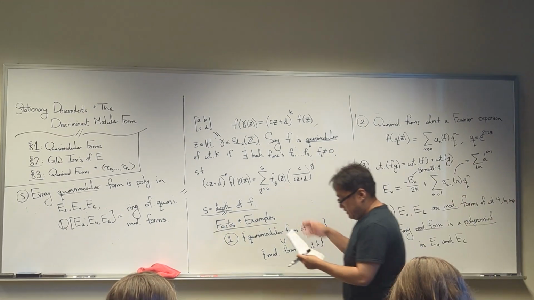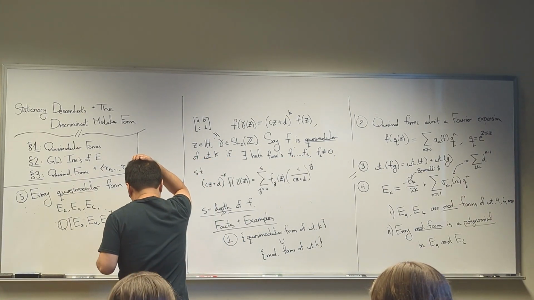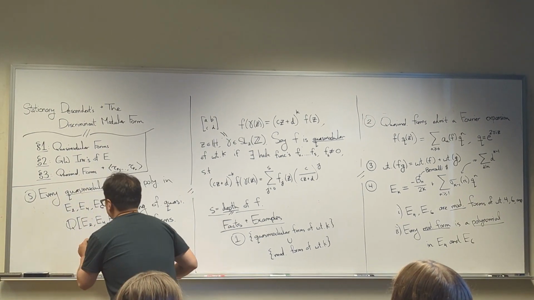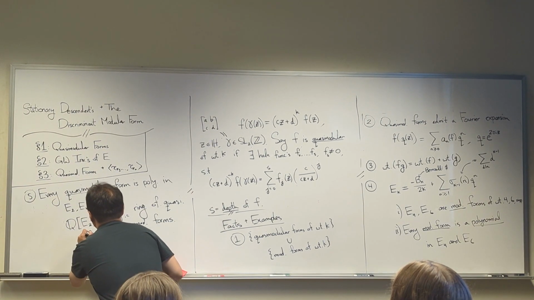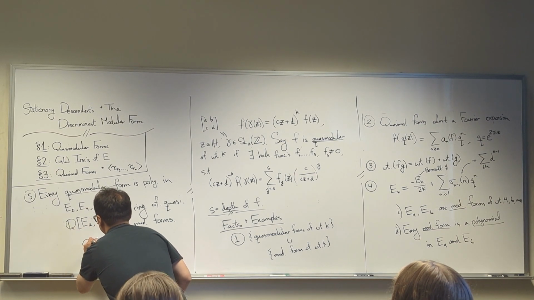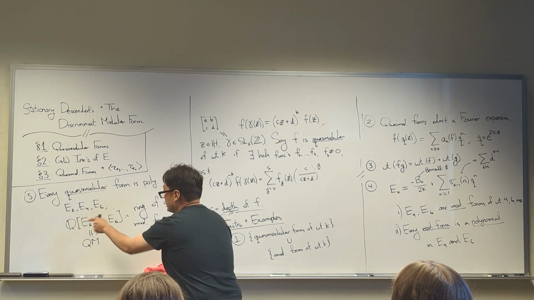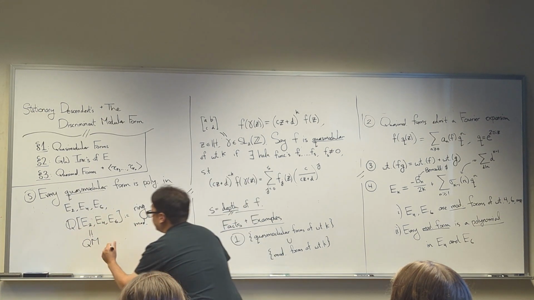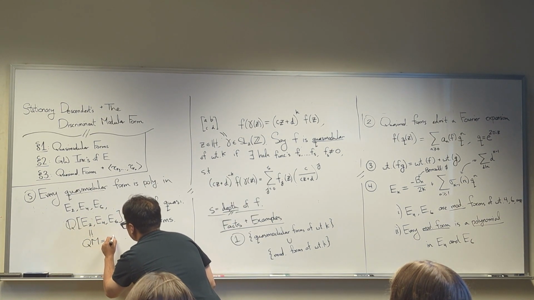Good. Throughout, instead of writing this all the time, I'll just write QM, standing for the ring of quasi-modular forms, and it'll have a natural grading by weight.